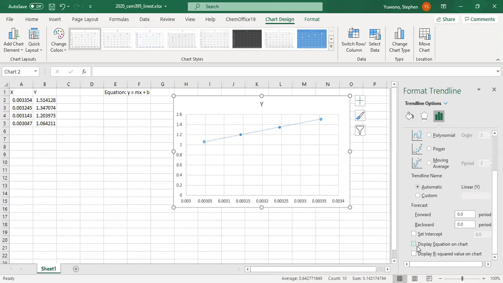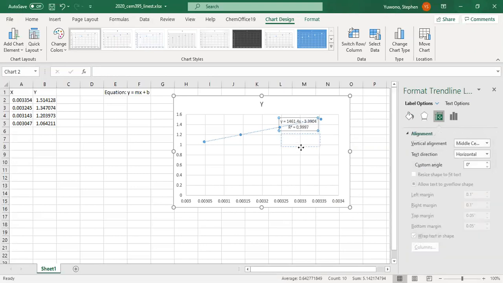And you can say that you want to display the equation and also the R-square value, just to make sure. So here you will immediately see the slope and the intercept. Everything looks good, except that we don't know the error of the intercept and the slope, right?